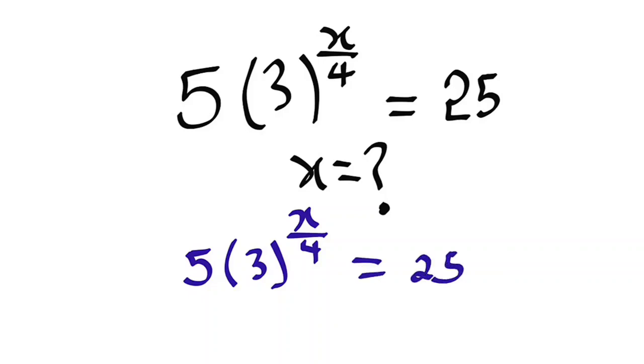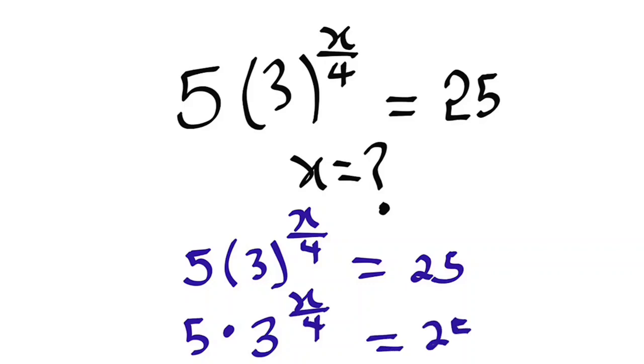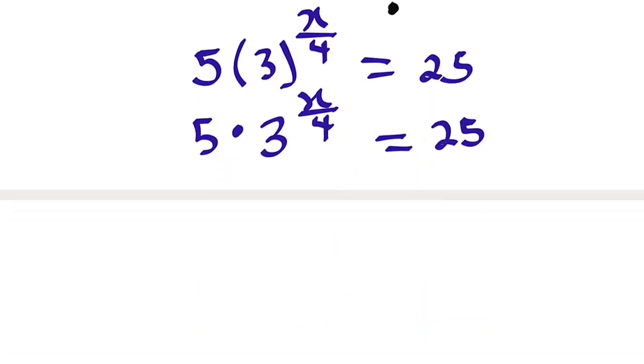Now from here, this is the same as having 5 multiplied by 3 to the power of x over 4 equals 25. From there, you can see that I can divide both sides by 5.